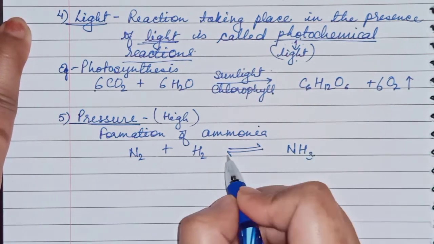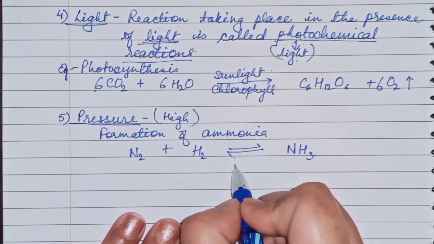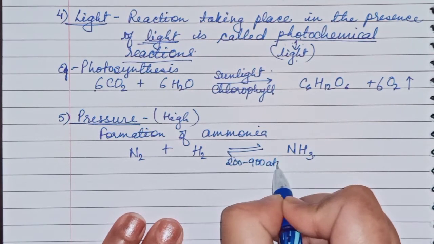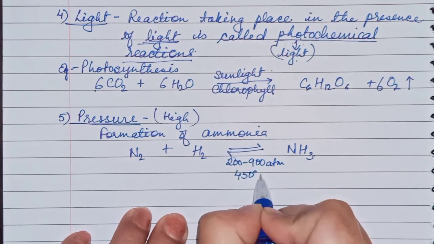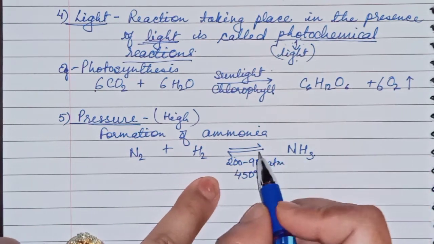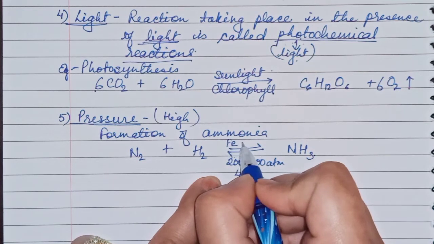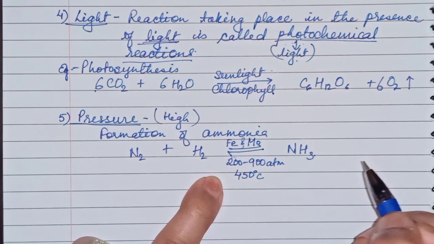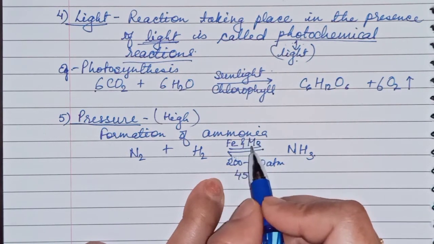You have to remember the conditions over here. The pressure is 200 to 900 atmospheres and the temperature is 450 degrees Celsius, and most important, one catalyst is used here, that is iron, and one promoter is used here, that is molybdenum. We will discuss the promoter and catalyst later.